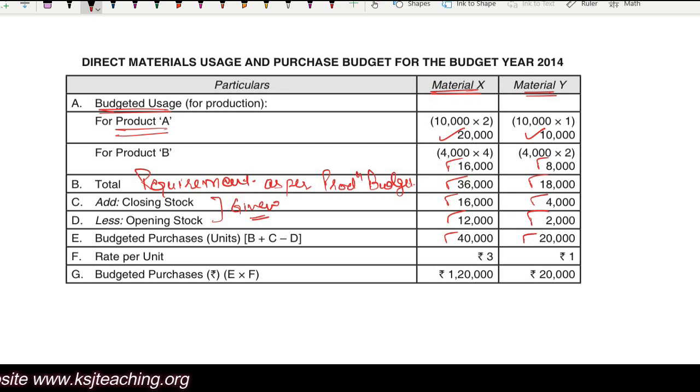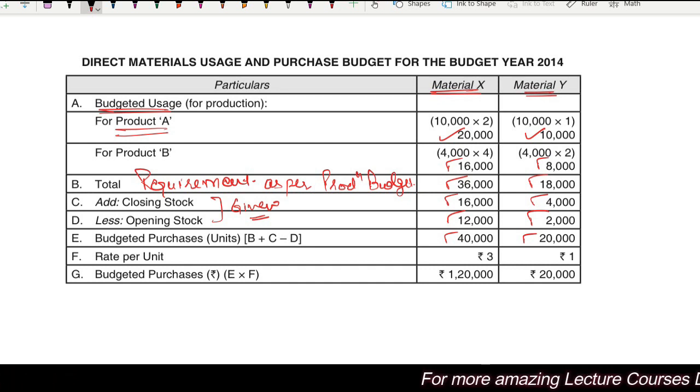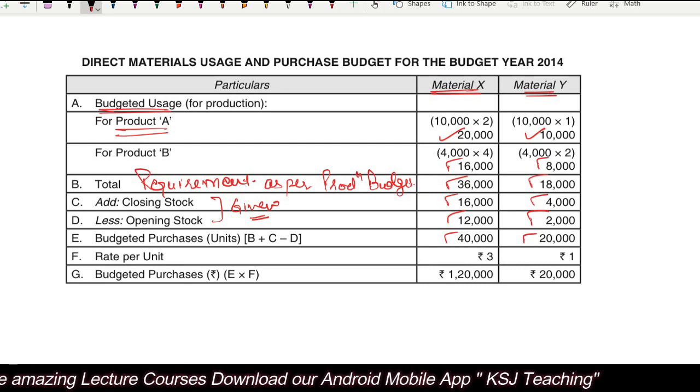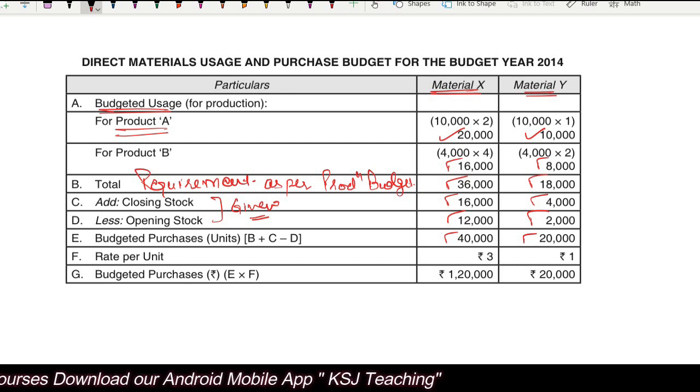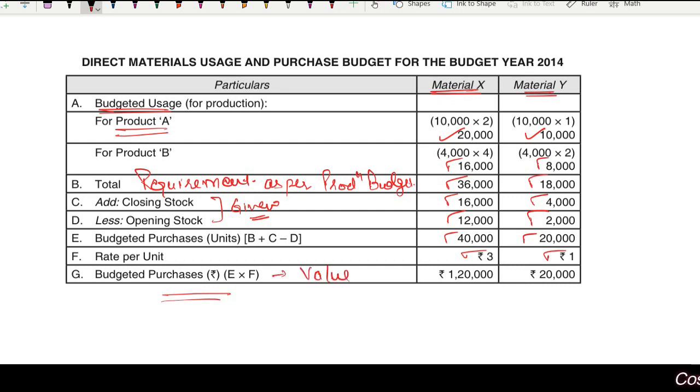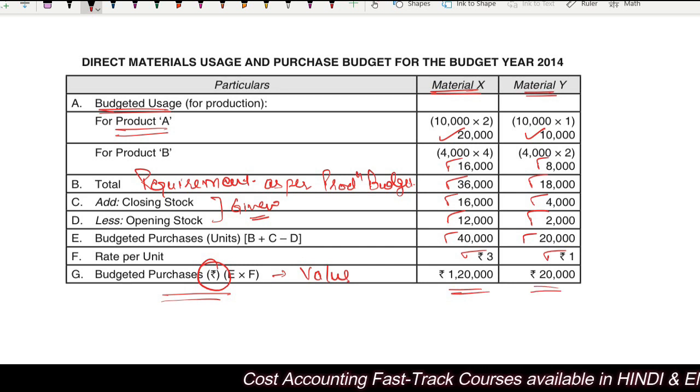So why order any extra things? After the adjustment, you will get the number of units that you want to purchase. This is the purchase budget. Now the rate per unit is given as 3 and 1. So the budgeted purchases in value, in rupees, are 1,20,000 and 20,000. Clear? This is the material purchase budget.